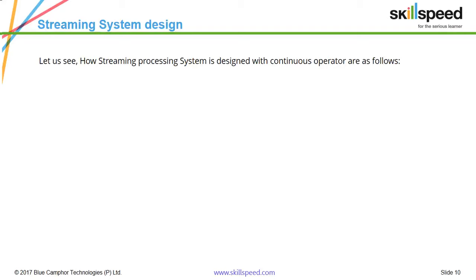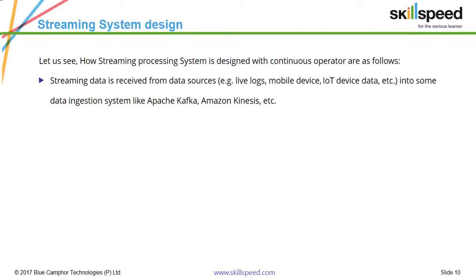Now let's also look at a streaming system design. A streaming system will typically receive data from different types of sources. There are two ways in which you can collect the data. Either you can directly consume the data into the streaming system, which is not a good solution.